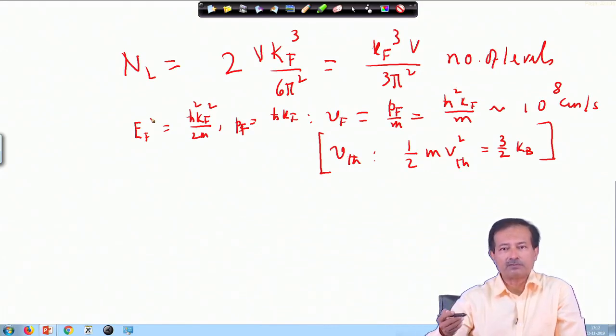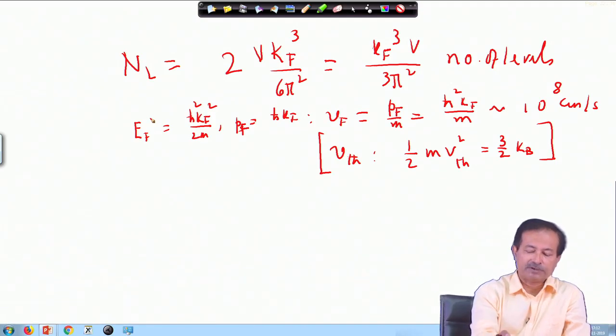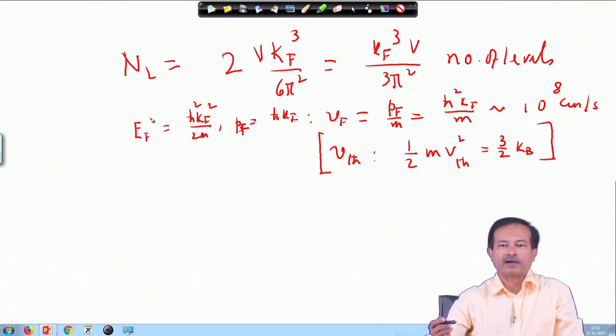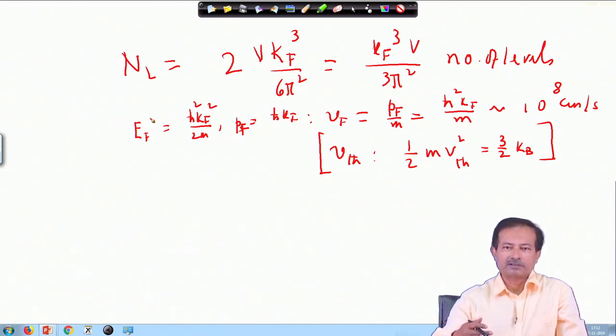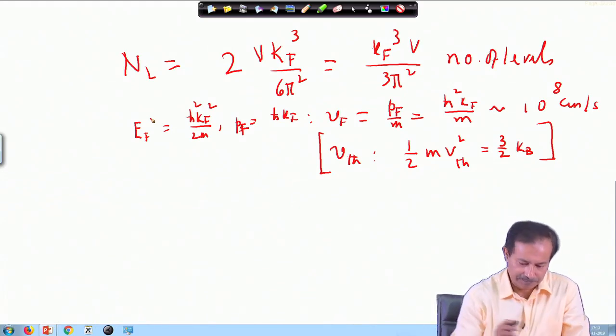Now, if you convert that to temperature, for example, 15 electron volt, each electron volt gives you 10,000 degree Kelvin, so 11,000 degree Kelvin. So, you can imagine what energies we are talking about now. And that is simply because of the fact that the Pauli principle prevented us from putting as many electrons as we want at the lowest energy state. We had to go up. 2 is the maximum that you could do for spin half fermion. Okay.